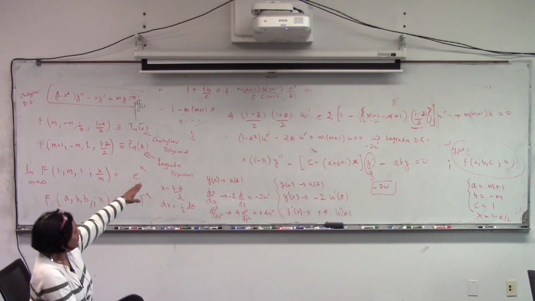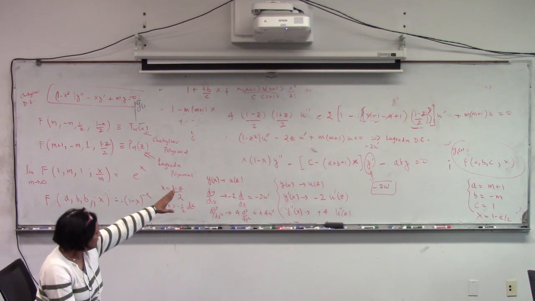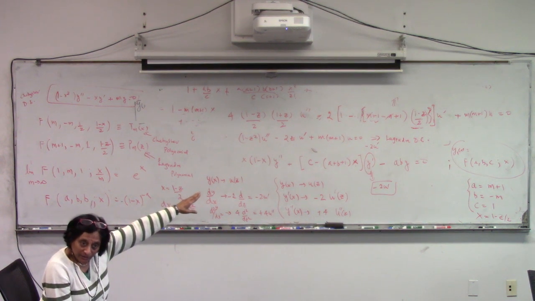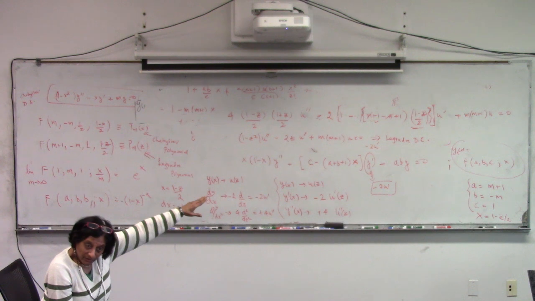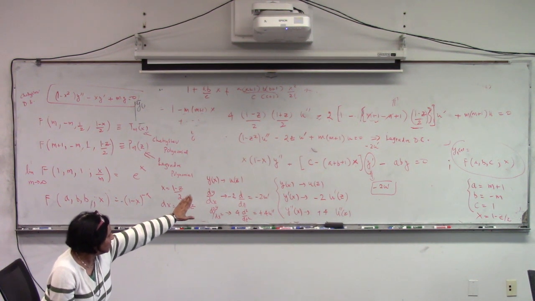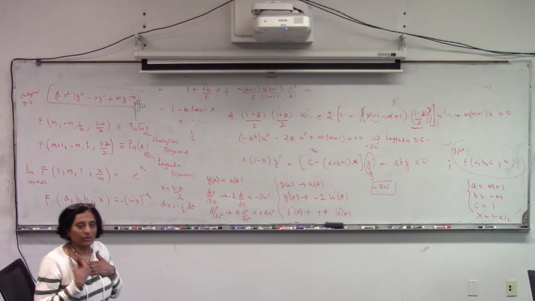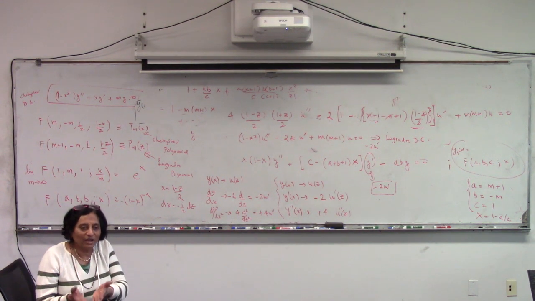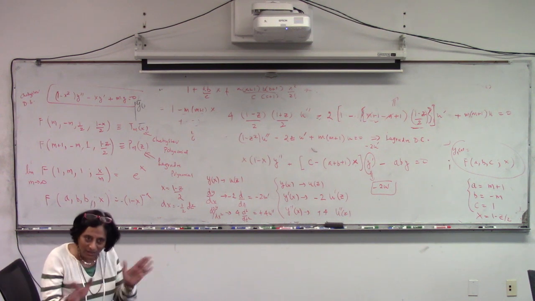So what I'm trying to say is, you define it based on the differential equation directly, not based on p x and q x. Any differential equation I can transform, right? I can change variables any time, right?